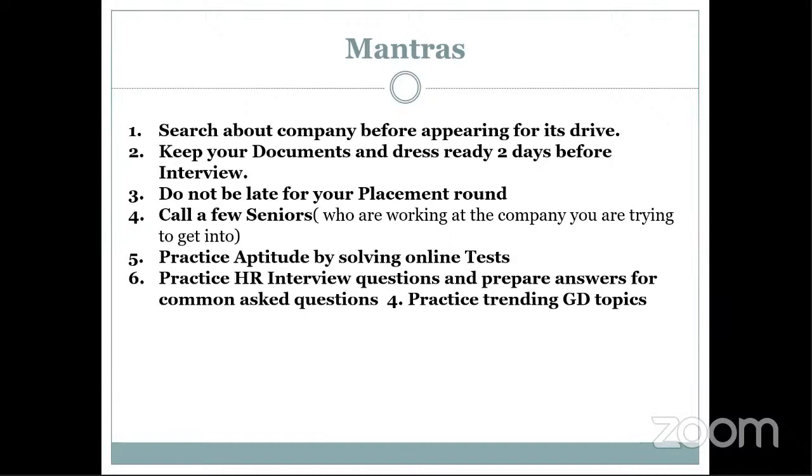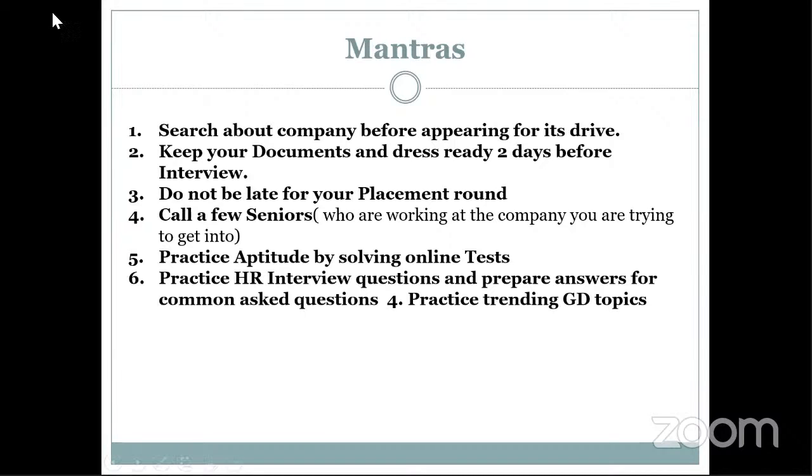If any senior, your friend, your relative, your elder brother, elder sister, family people are working in any company and if there are some vacancies, they can refer you. Somehow they would also get some incentives in their salary if they recommend good people for their company, right? So be in touch with all those people.